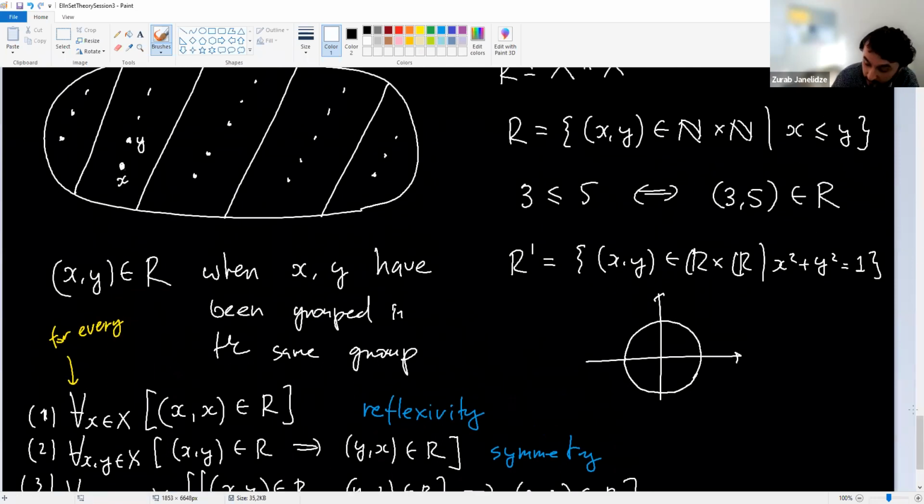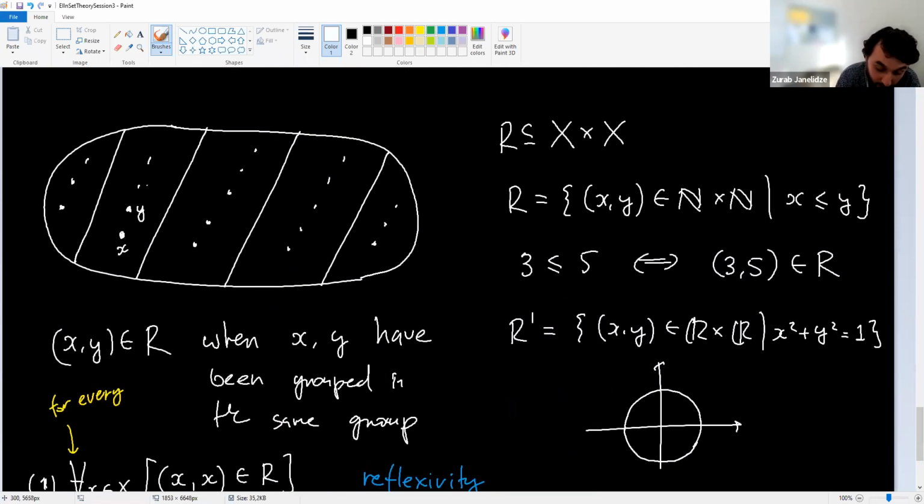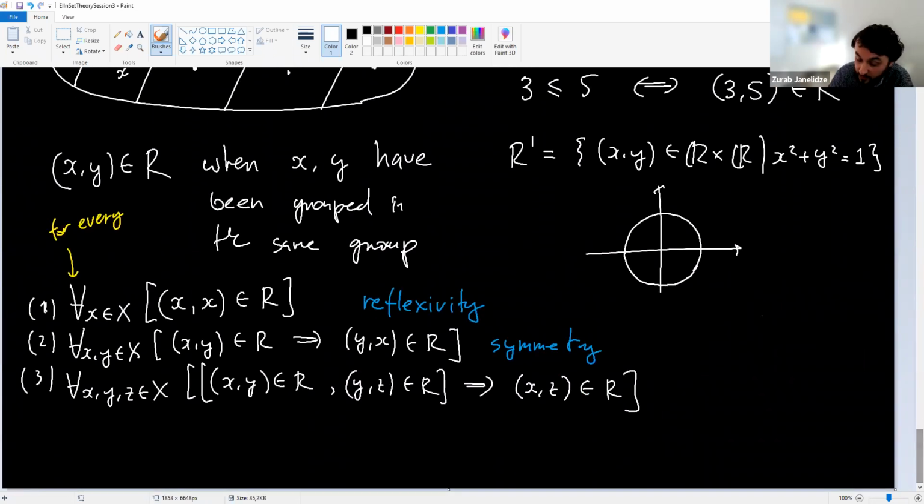By the way, this is an illustration of the idea that you cannot have groups that overlap. You cannot have that situation, as we already discussed. A situation like this would make X and Z not belong to the same group, even though X and Y, and Y and Z, do. So this property is called transitivity.